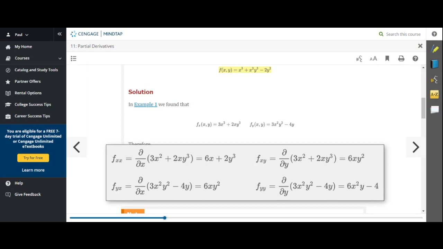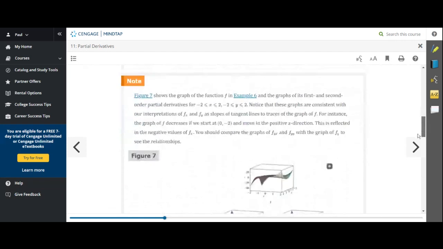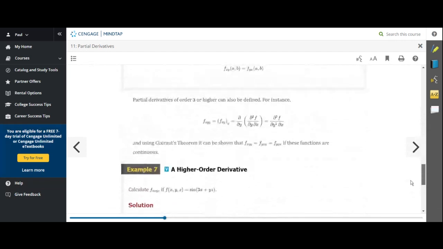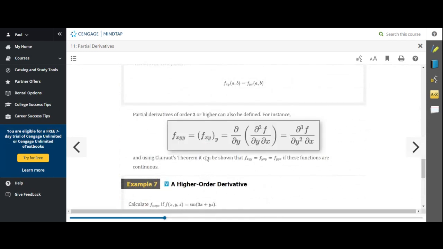Pretty cool stuff. Are there any questions on how they got those answers? All right. Well, let me show you one more thing here. You can, by the way, go even higher partial derivatives.